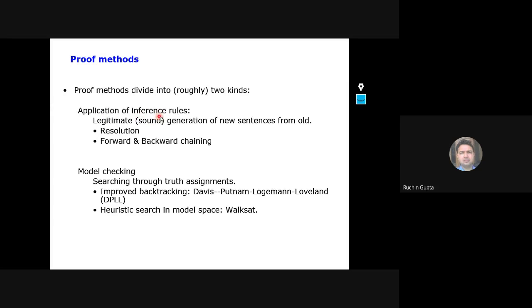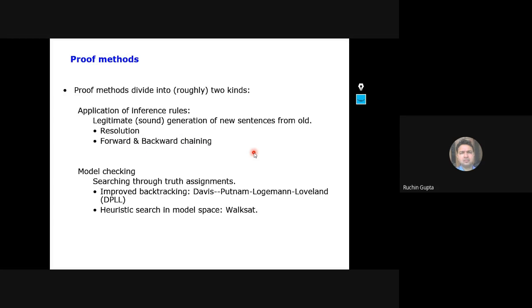We will mainly focus on method number one, which uses the inferencing rules. There are three kinds of techniques in this application of inferencing rules. One is called resolution. We also have forward chaining and backward chaining.